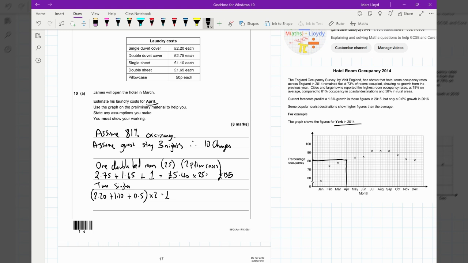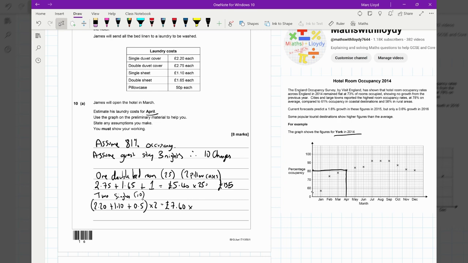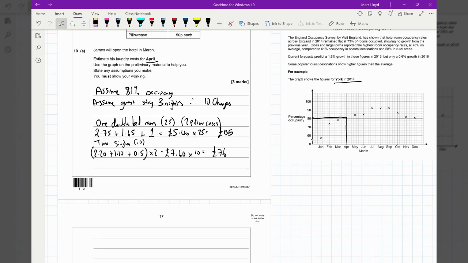That's £3.80, times it by 2, £7.60. And then there are 10 of those rooms. That makes the maths really easy. That is £76. 76 plus 135 is 211 per room change.